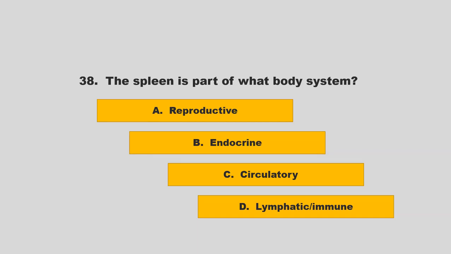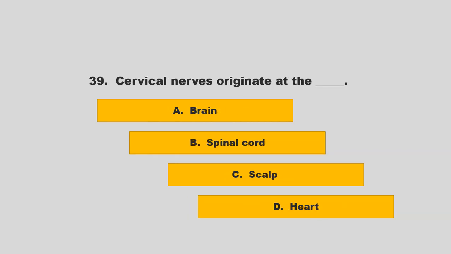The spleen is part of what body system? Reproductive, endocrine, circulatory, lymphatic immune. If you chose D, lymphatic immune, you are correct.